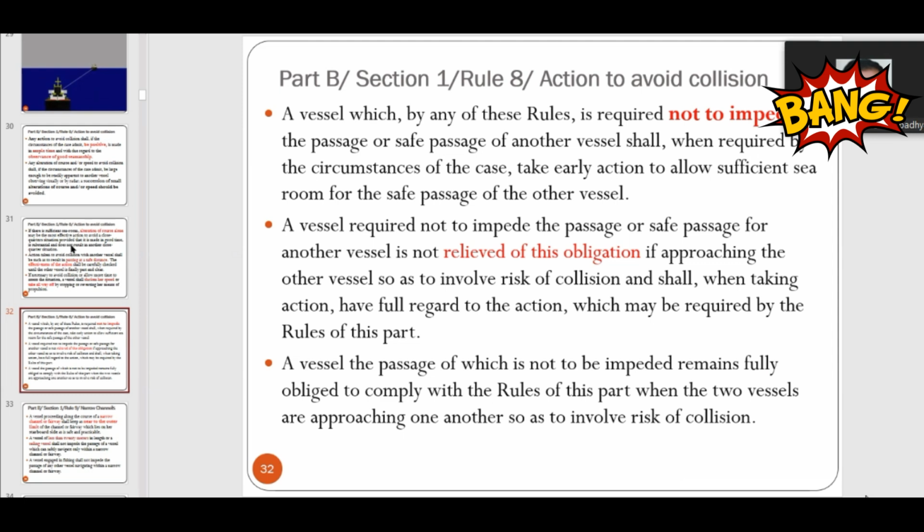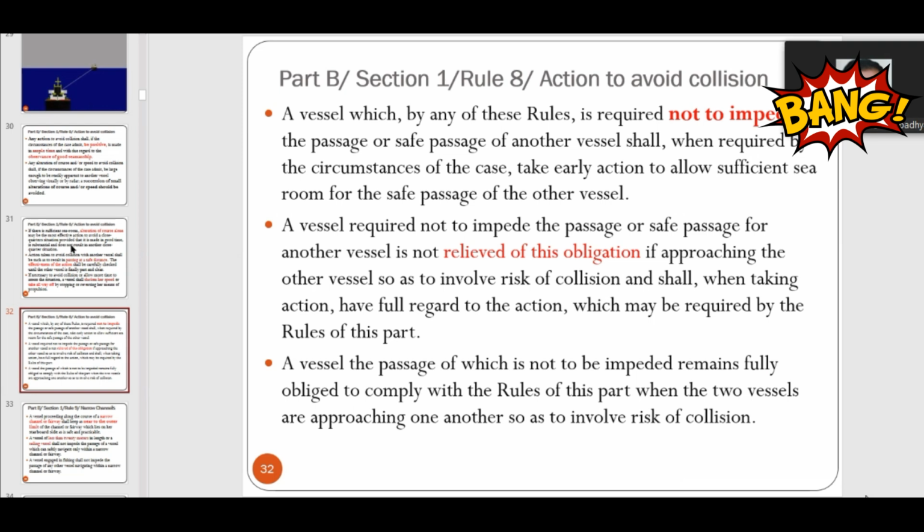In such cases, when required by the circumstances of the case, you should take early action. Again, you see, the action taken to avoid collision should be taken in ample time. That refers to this: take early action to allow sufficient sea room for the safe passage of other vessels.